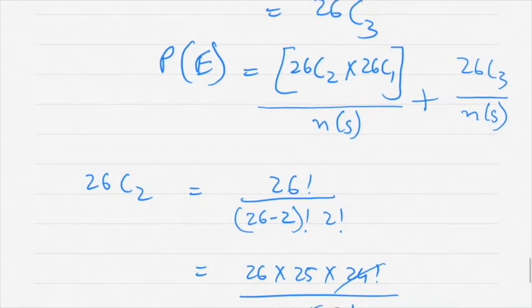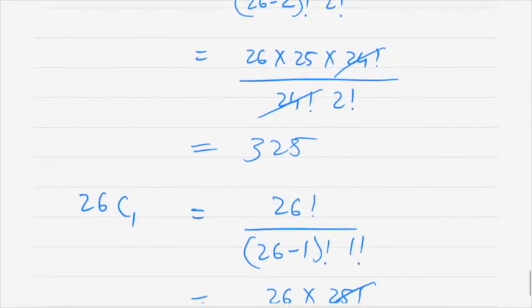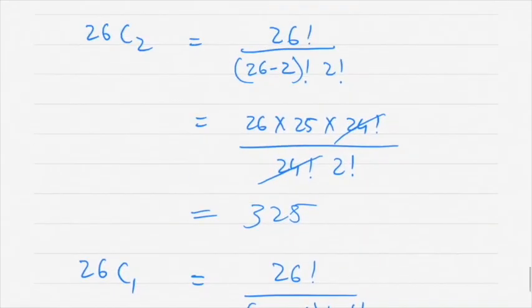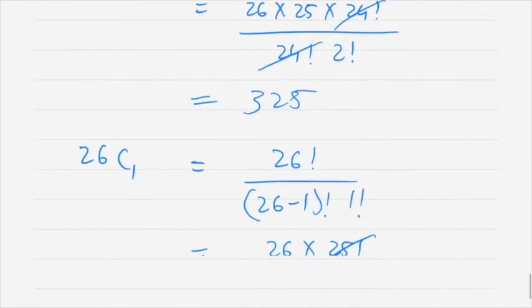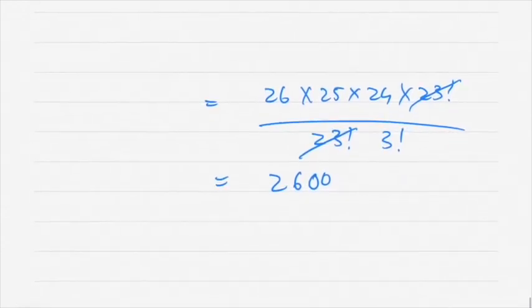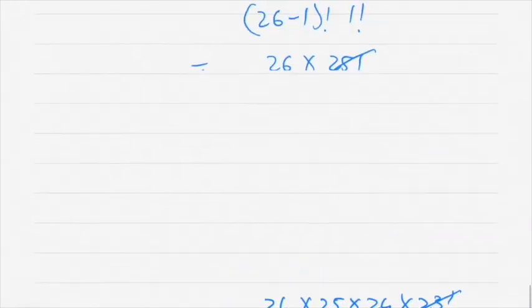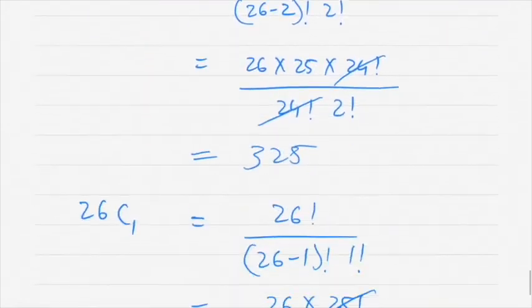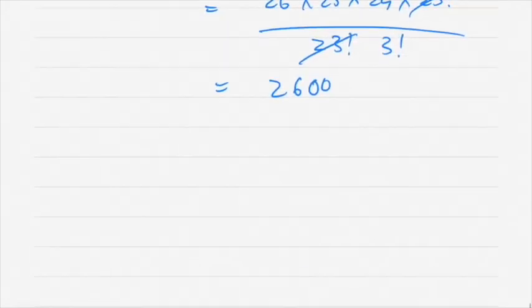Oh, I don't know how it got deleted. Anyway, we know 26C2 is 325, 26C1 is 26, and 26C3 is 2600, right? So let us find the probability.